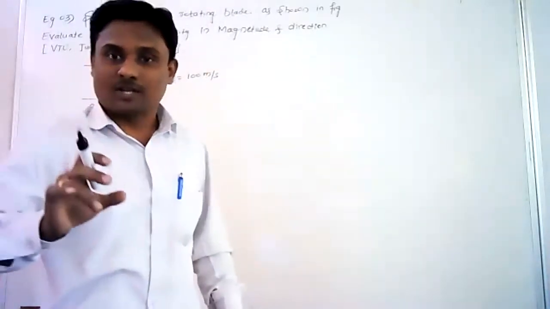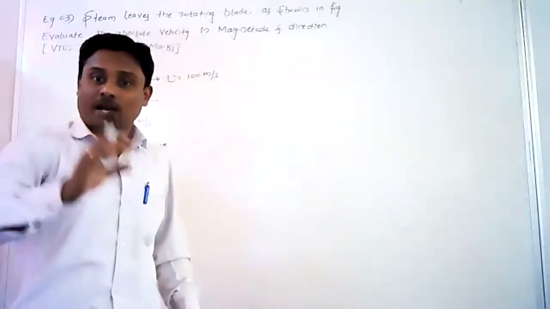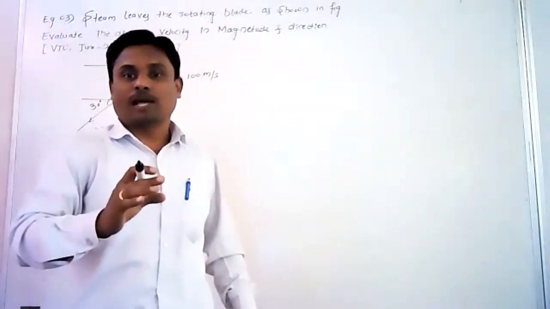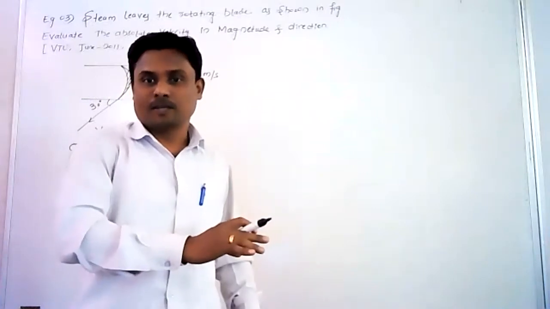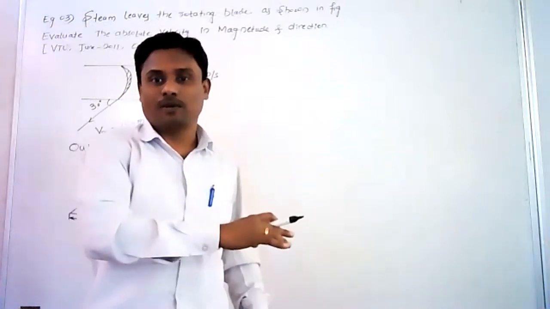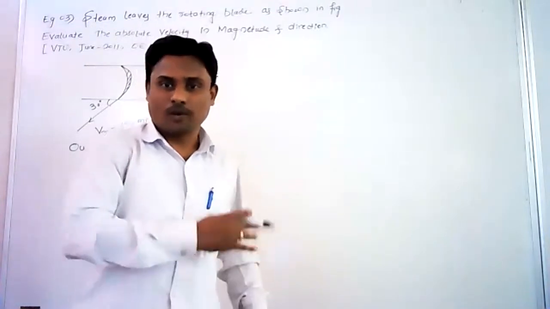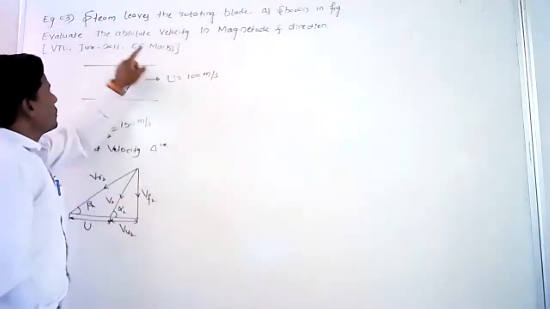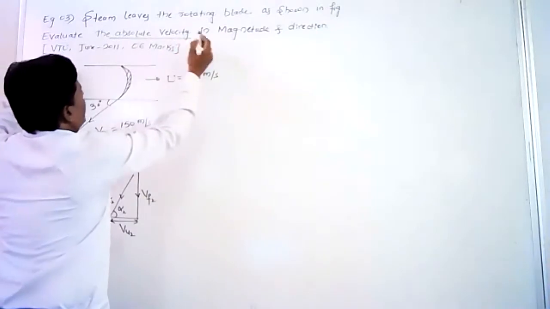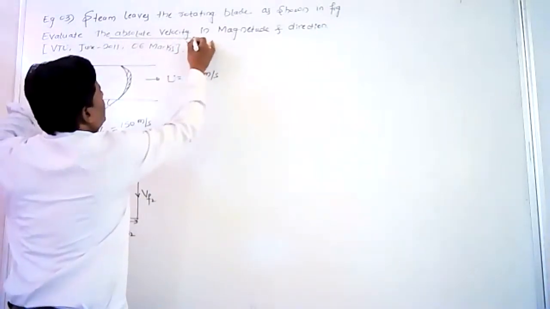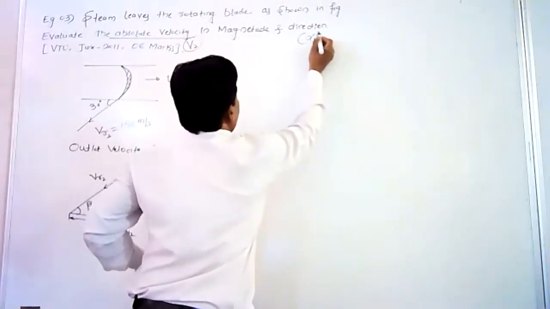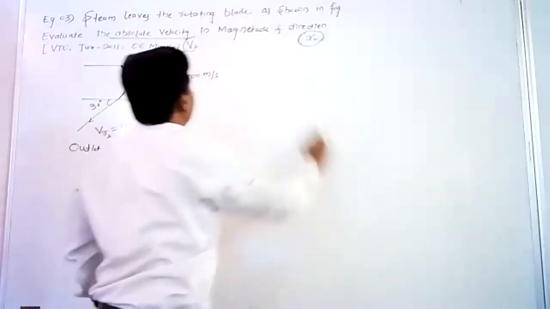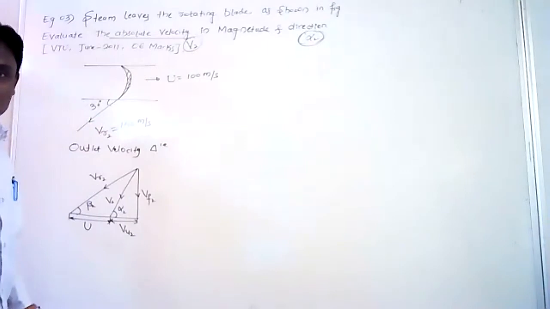And what about the direction? Direction is nothing but you have to calculate the value of alpha 2, the angle. The value of V2 will give its magnitude. So for absolute velocity we need to get V2, that is magnitude, and direction is alpha 2. V2 and alpha 2 need to be calculated.